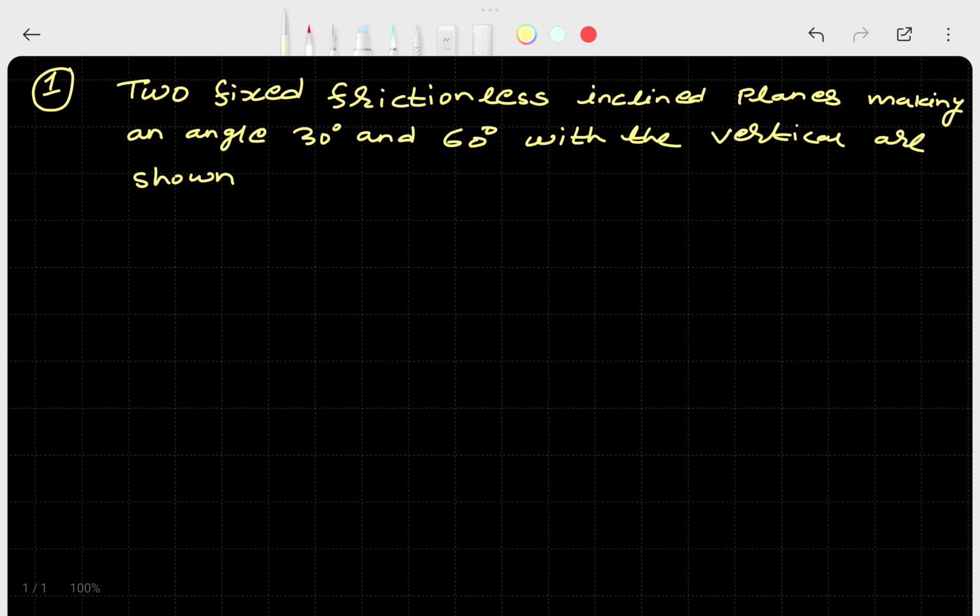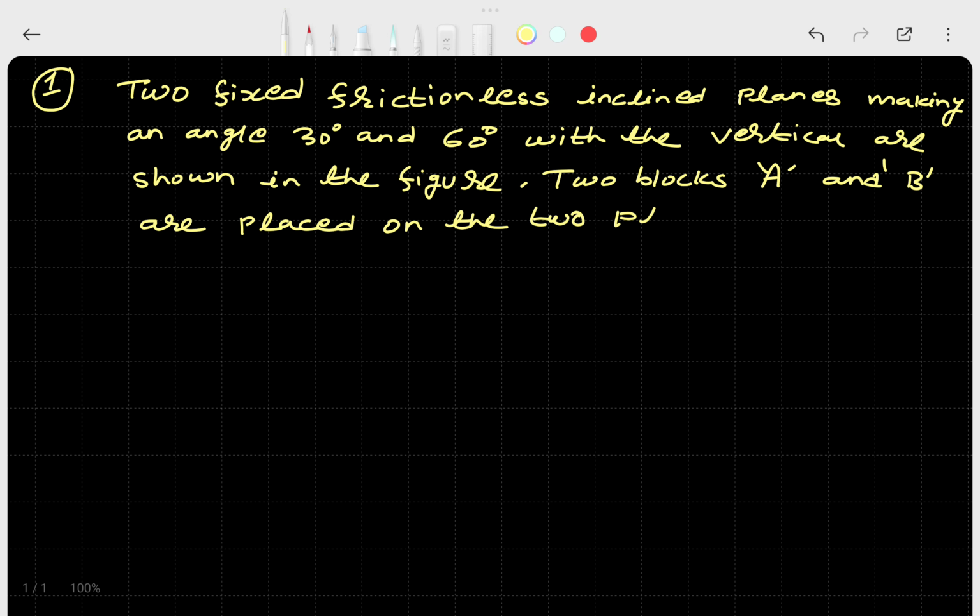Two blocks A and B are placed on the two planes, meaning on these two inclined planes.